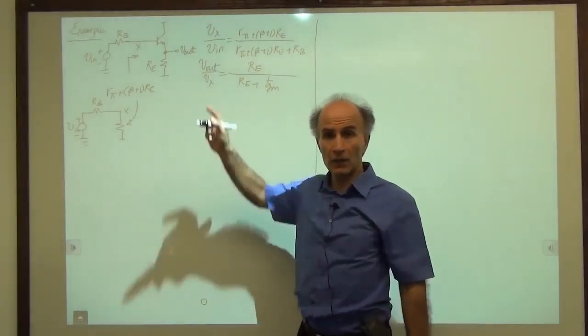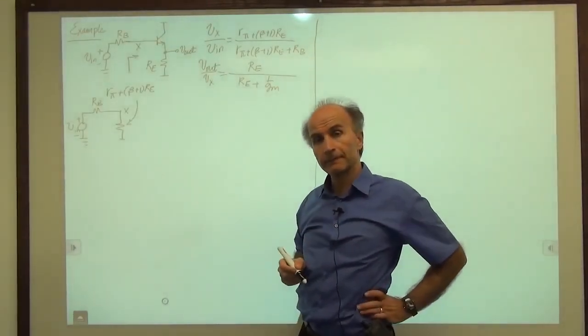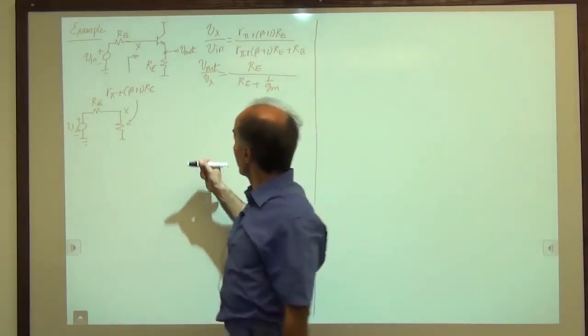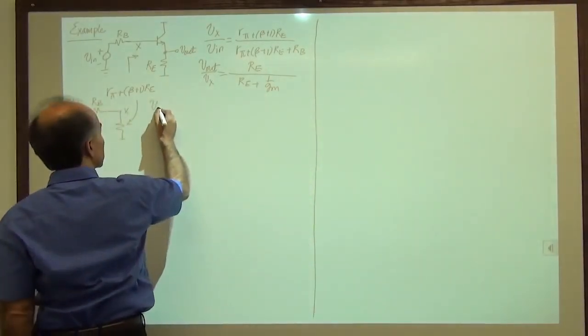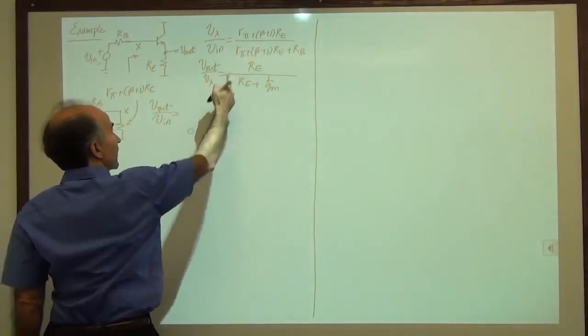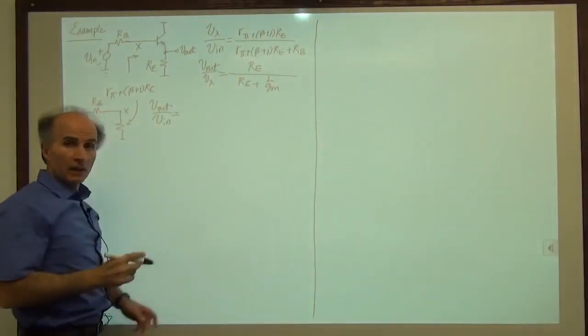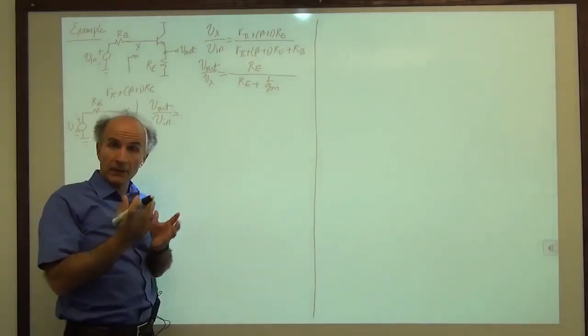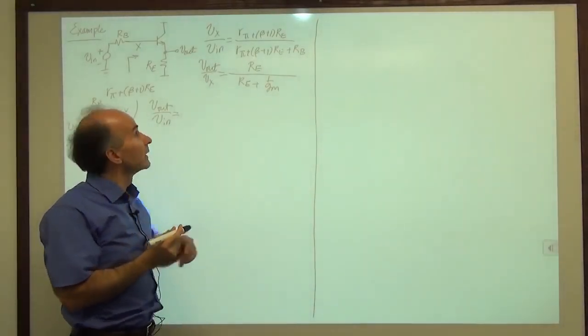So the total voltage gain is just the product of these two. So we say V out over V in is that times this.